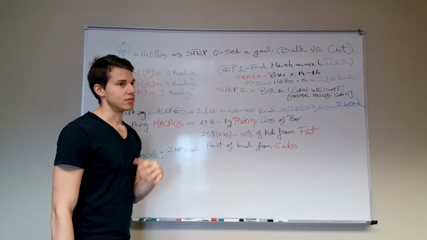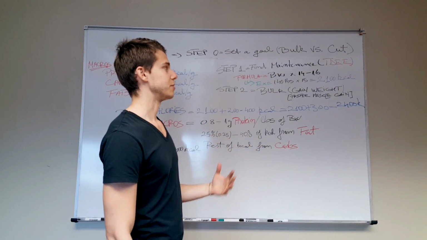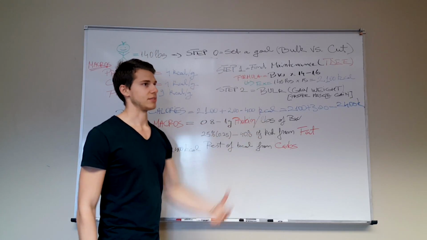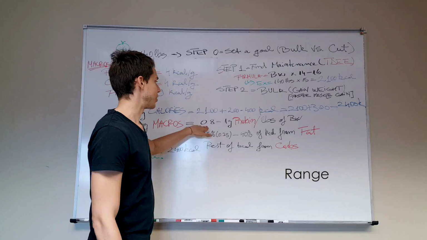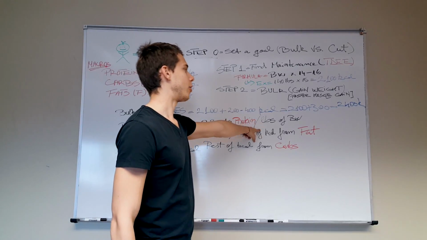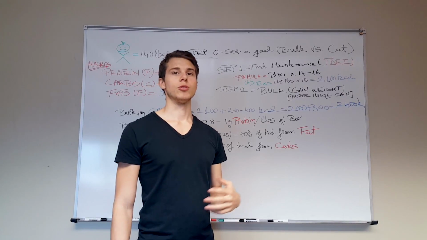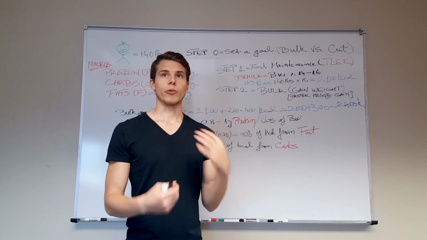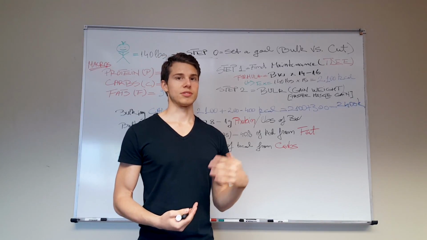So based on the studies done so far, in a bulking phase, because you're in a caloric surplus, your body gets more energy than it needs, so a protein intake of 0.8 to 1 gram per pound of body weight should be sufficient to maximize muscle protein synthesis.